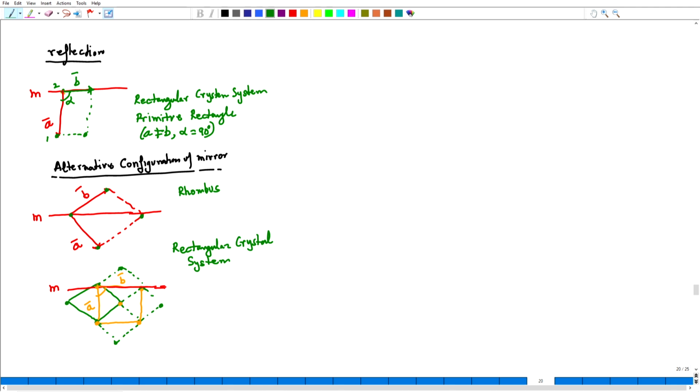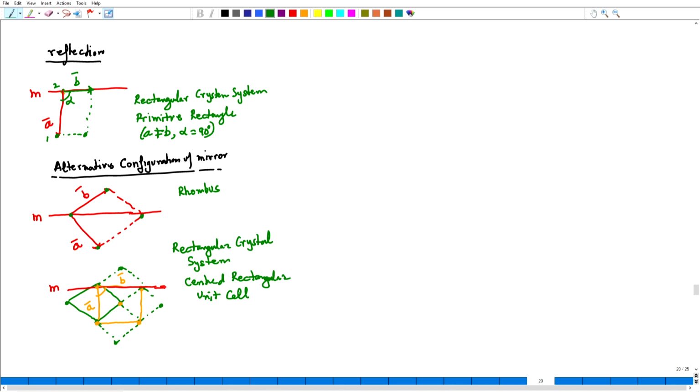And one of the unit cells that I can draw is essentially what I will call a centered rectangular unit cell. So, this is not a primitive cell.